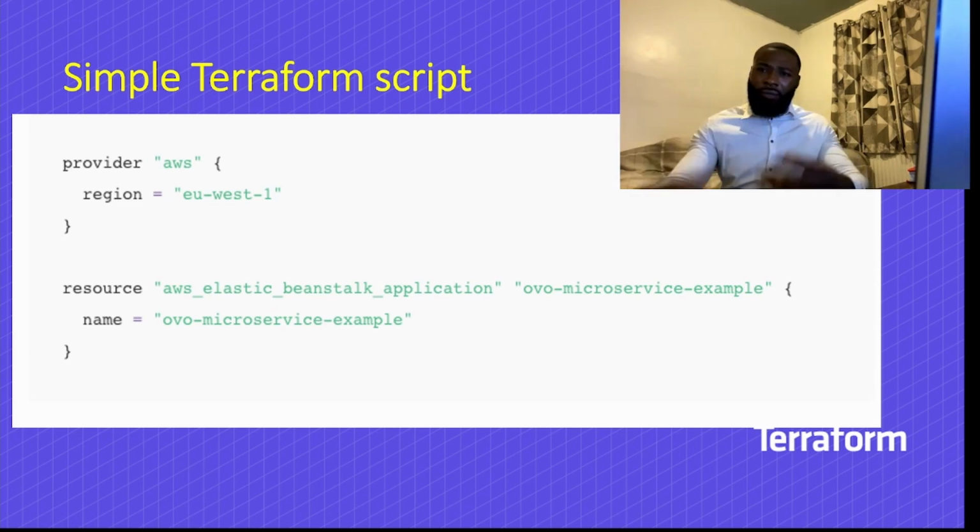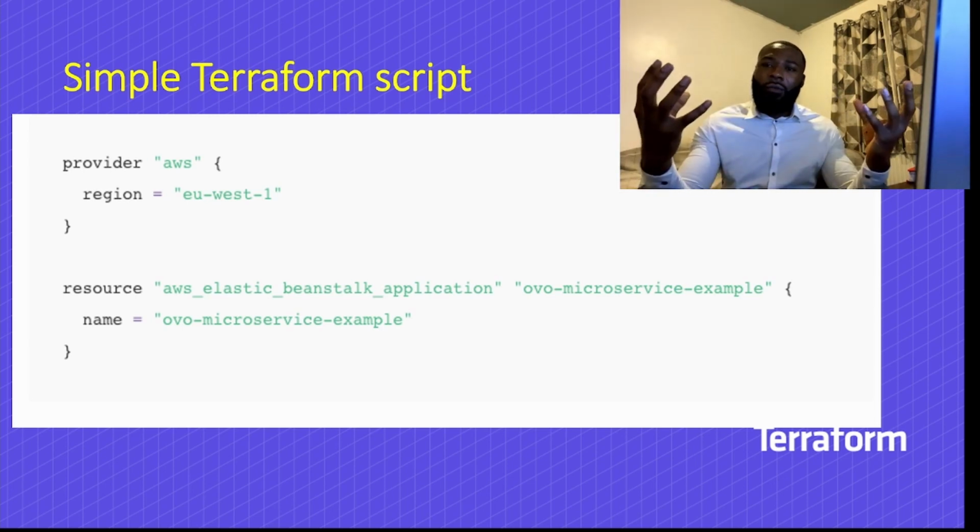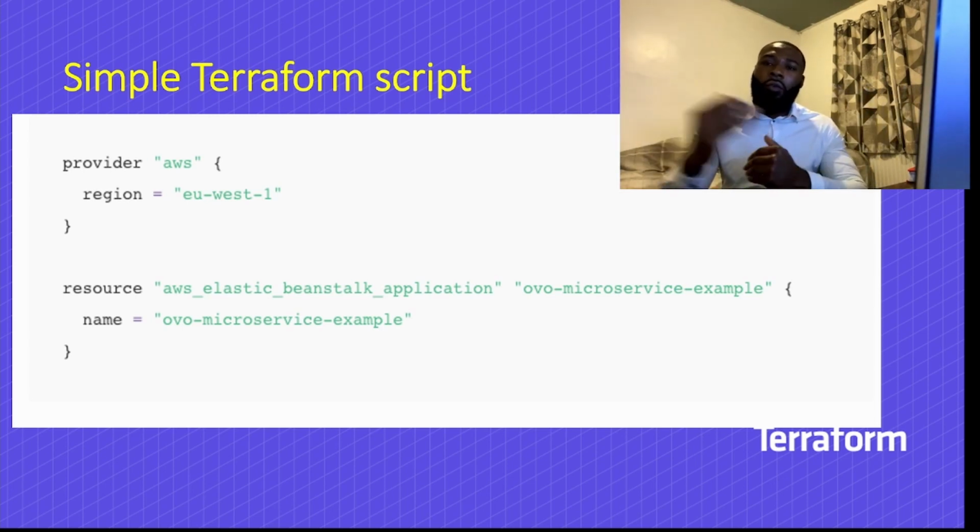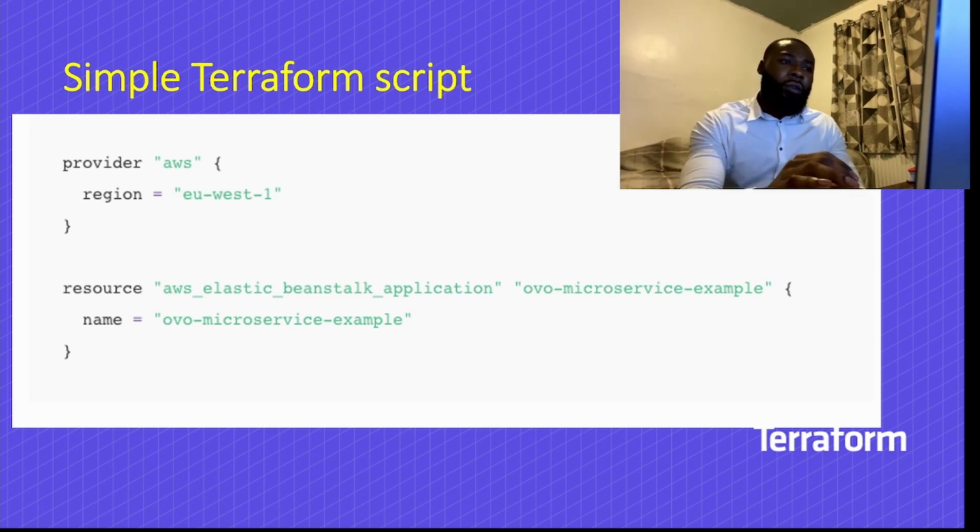If you don't know what an Elastic Beanstalk application is, within AWS you can create a service which will set up a cluster of instances that can run your applications, and it allows you to quickly scale up or scale down depending on the level of traffic or requests that you're receiving. So this bit gives instructions that you want to specifically set up an Elastic Beanstalk application in AWS, and that'll be the name of that application you're setting up, which is where you have the name here.